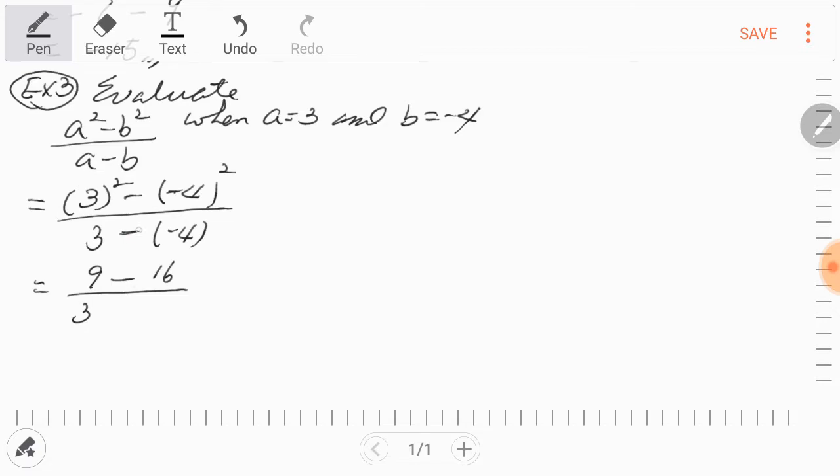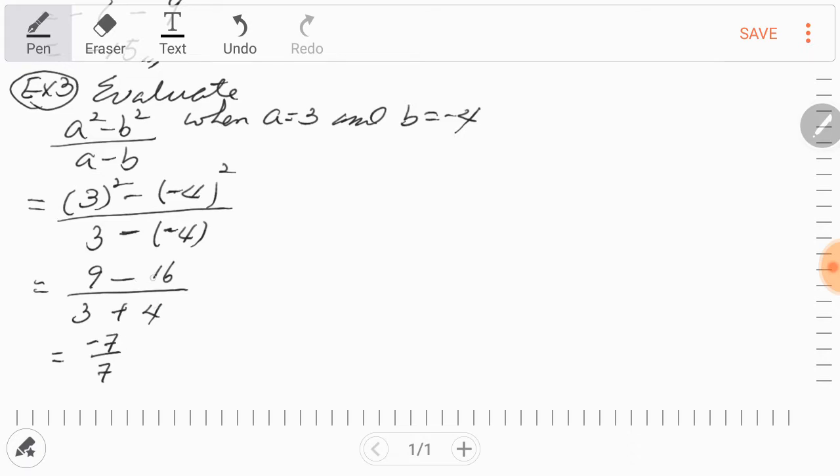Now minus negative 4 is the opposite of negative 4, so it will be positive 4. Then the numerator is 17 and the denominator is 7, so 17 over 7.